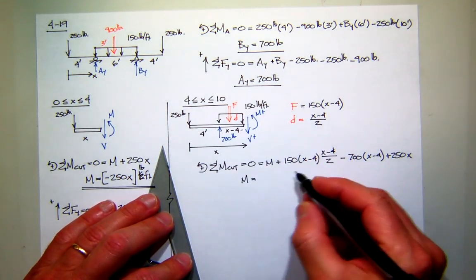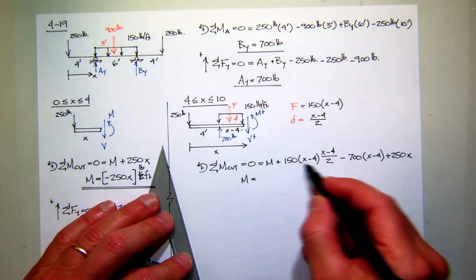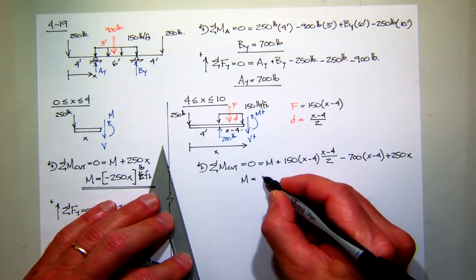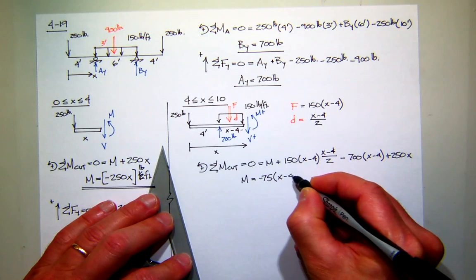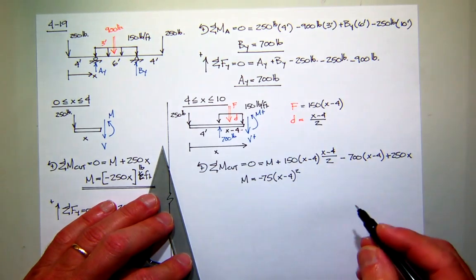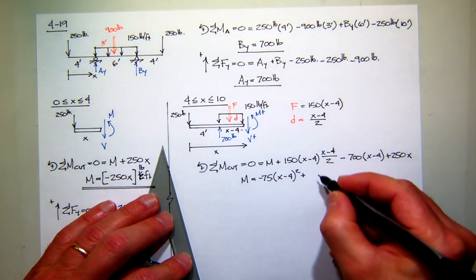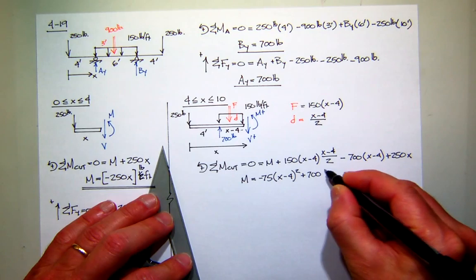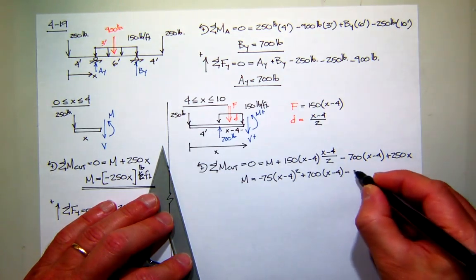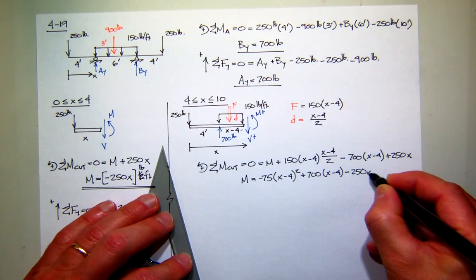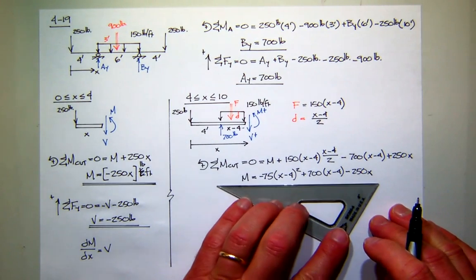So this will all become negative. 150 divided by 2 is 75, and that'll be (x minus 4) squared, plus 700 (x minus 4) minus 250x. And you know what? I'm going to leave it like that.